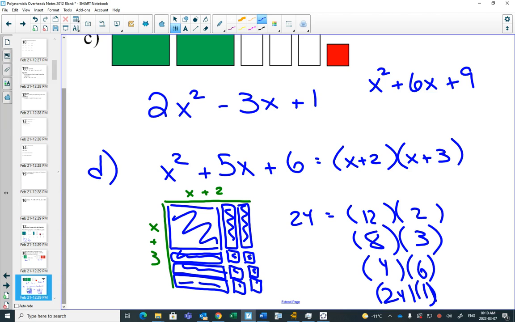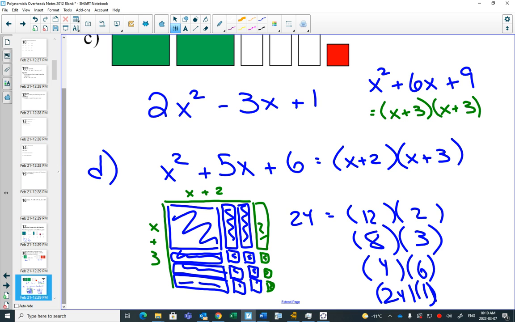Okay? So in algebra, we do the same thing and say, what times what is this? X plus 2 and x plus 3 make that. And then with the square one, you realized you could just add. And so this is equal to x plus 3 times x plus 3.